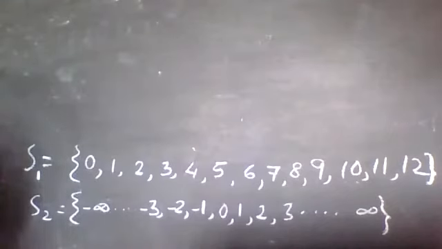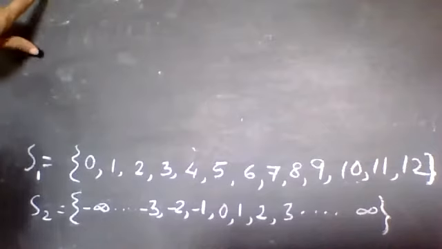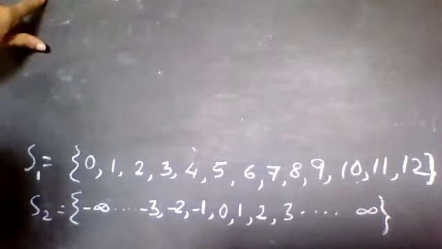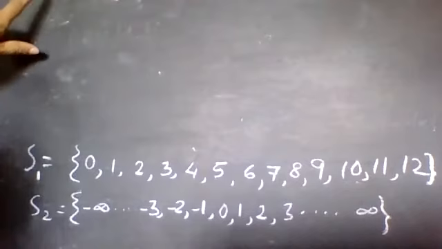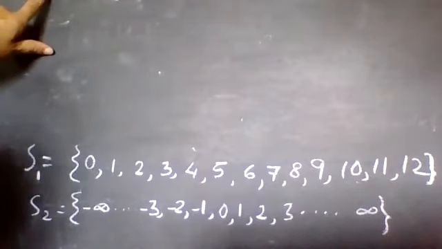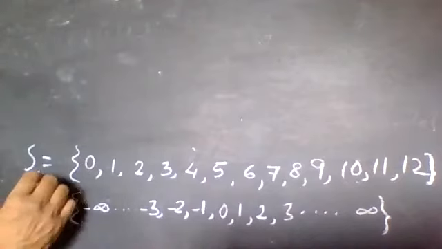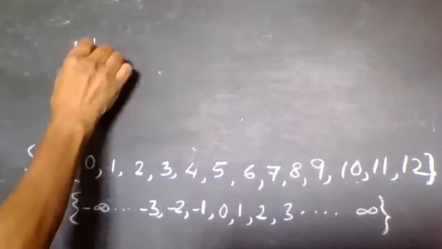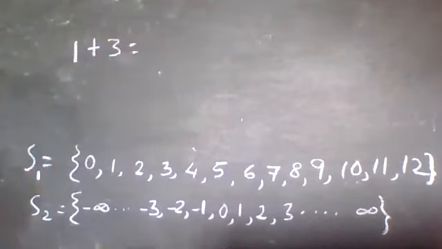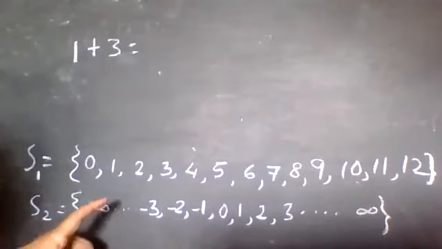Whatever I will do, it will be denoted by plus. It is no more addition, it is no more plus, but it denotes some binary operation. How is it? Say, I am considering a very special operation. I am considering in the set 1 plus 3. I am defining it like this.